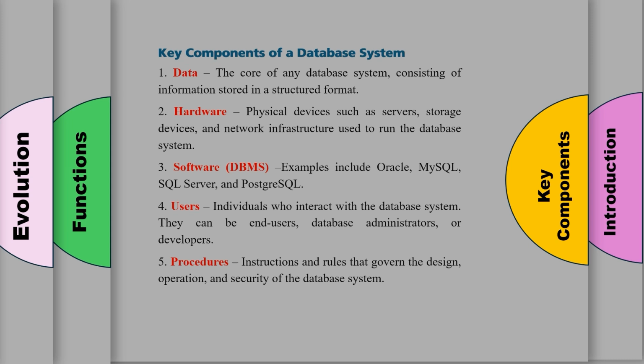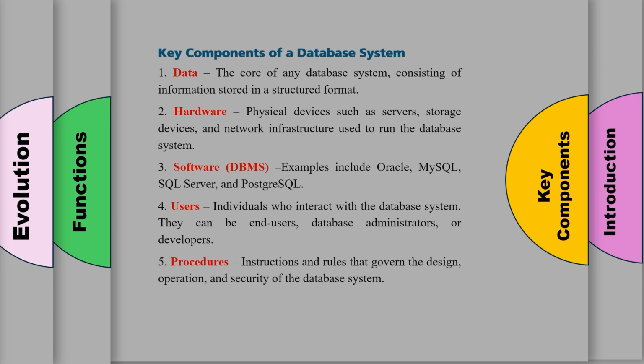Without data, there is no database. Data is the core of a database system, consisting of information stored in a structured format, information you store for future or immediate use.